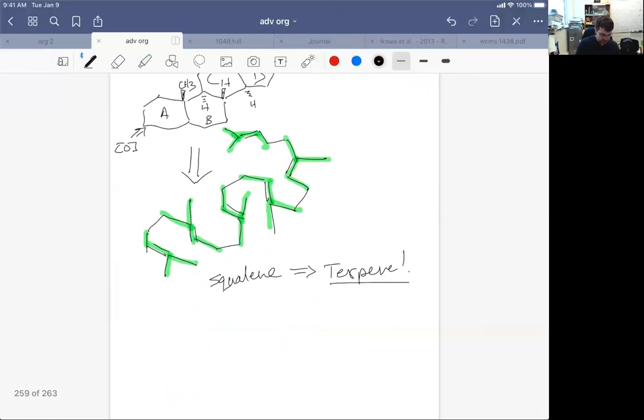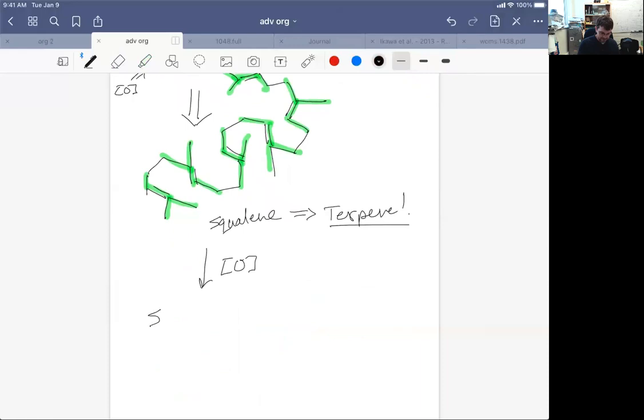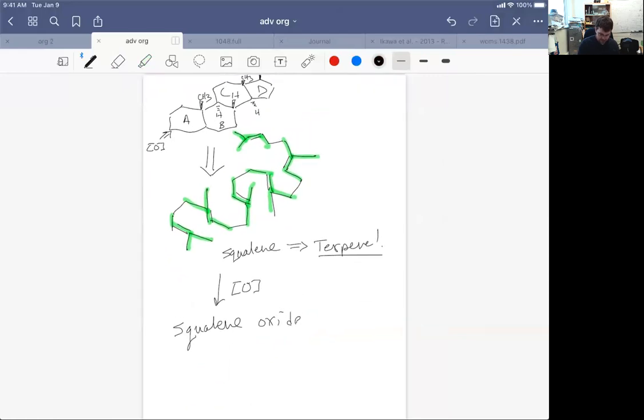All right, so this is going to undergo a super cool reaction. The first thing that it does is it goes through an epoxidation reaction to make squalene oxide. Maybe you still need that structure. Squalene oxide.